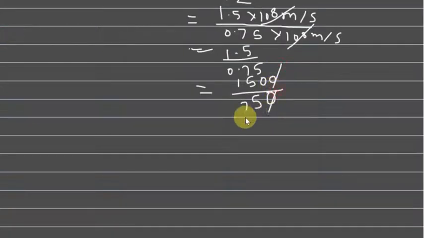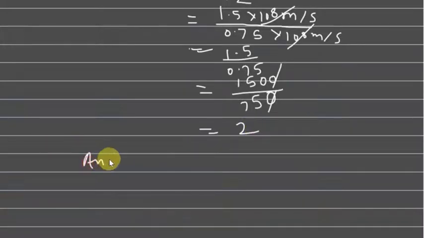Now this 00 gets cancelled. Now this is a simple division of 150 by 75, and we know 150 is 2 times 75. So this is the refractive index.